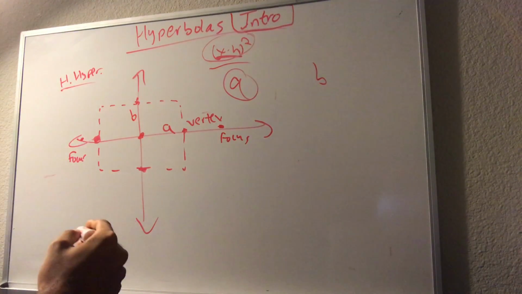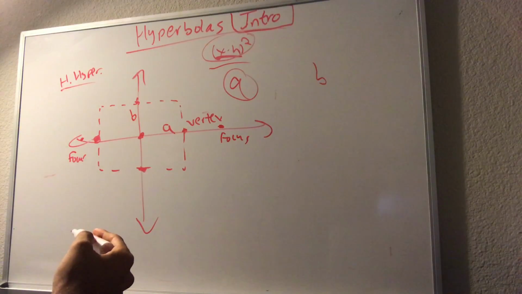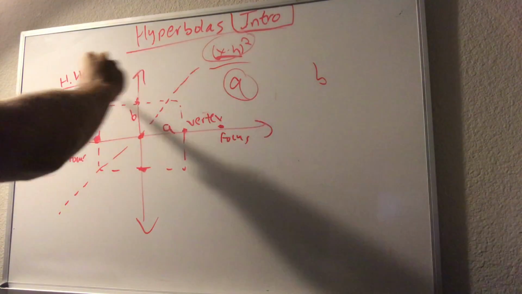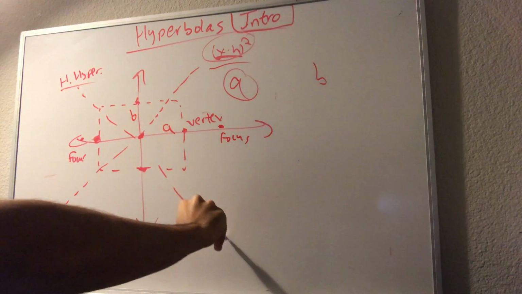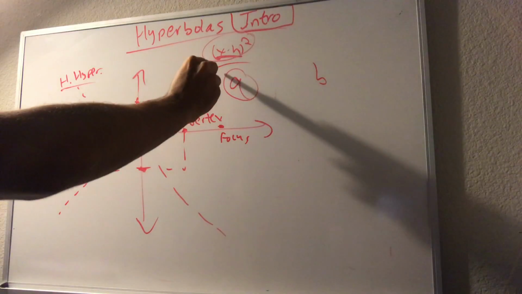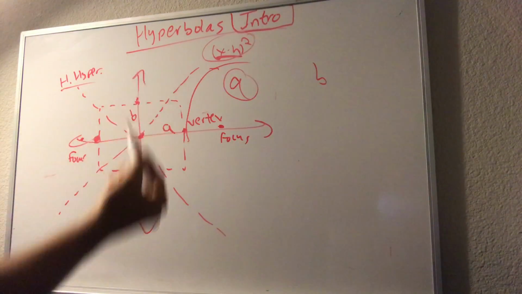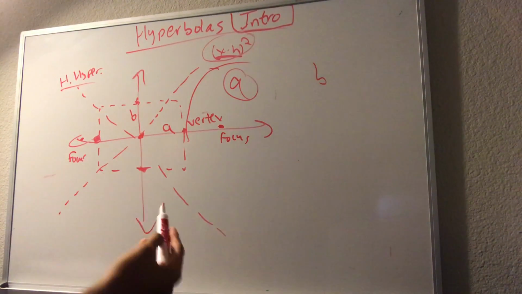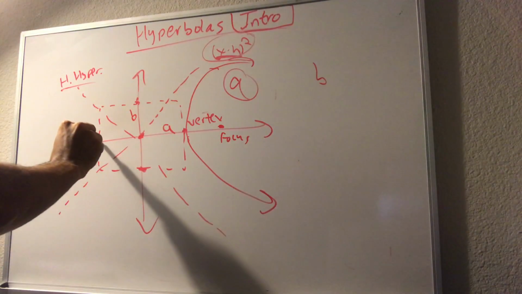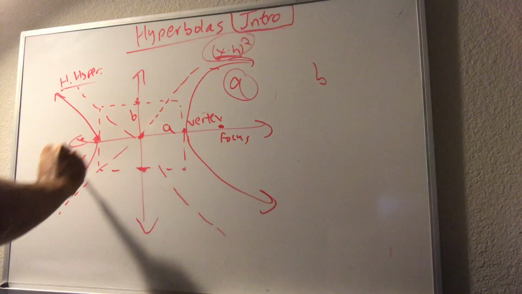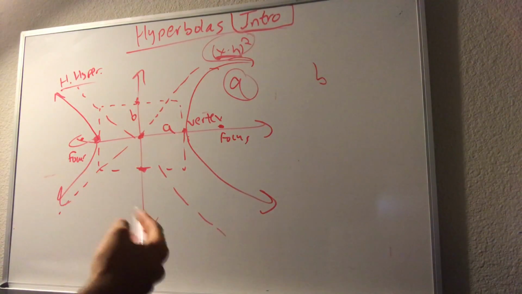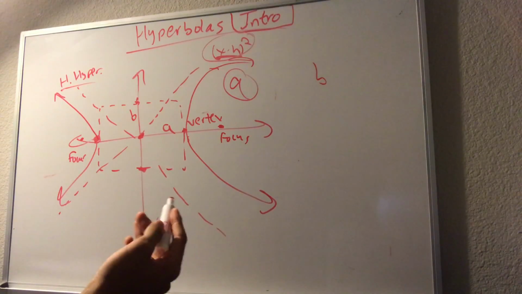When you graph this, you have asymptotes here, and your graph will hit the vertex, because the vertex is a point on the hyperbola, and it's going to go something like that. Similarly, this is a point, so you will have something like that. This is just a sketch of how a horizontal hyperbola may look.